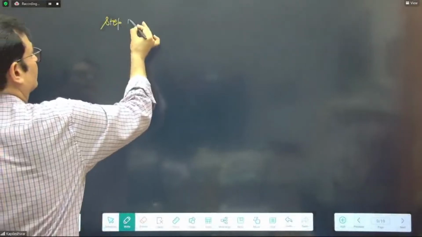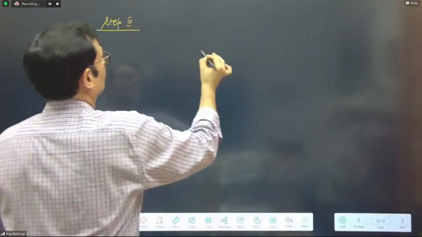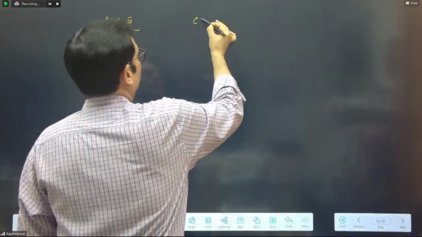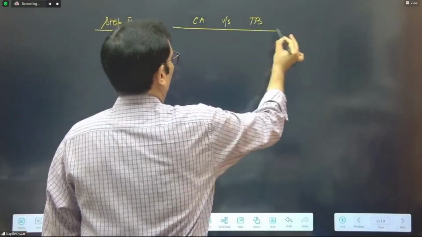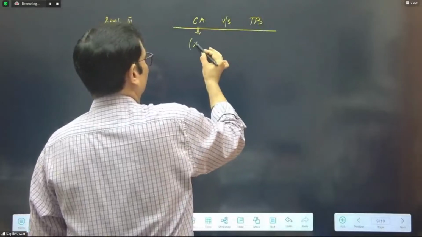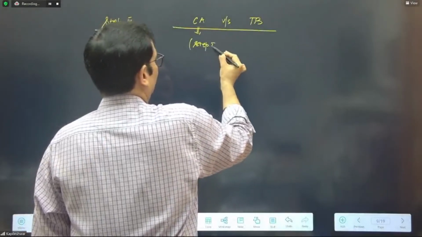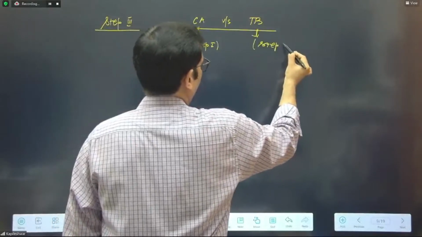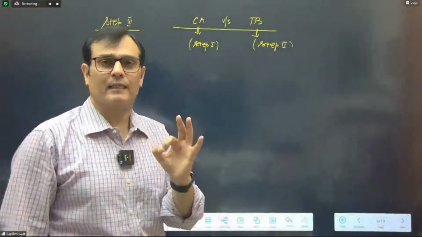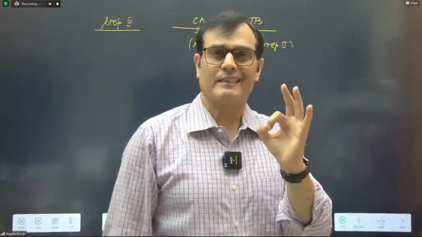When you look at this step number 3, we are basically going to compare the carrying amount and the tax base which you computed in step number 1, and in terms of step number 2, the mathematical comparison. You will simply compare the carrying amount and the tax base of the asset and liability.